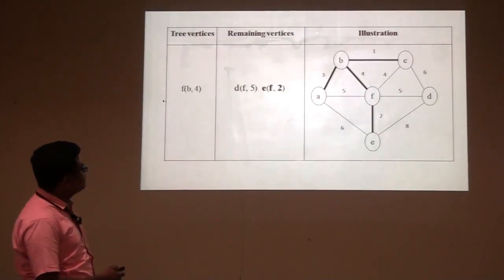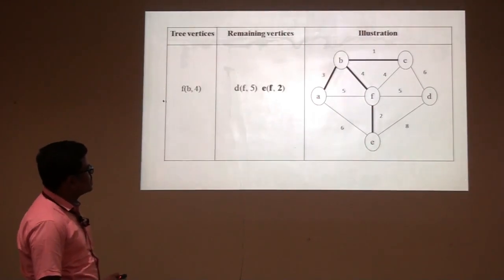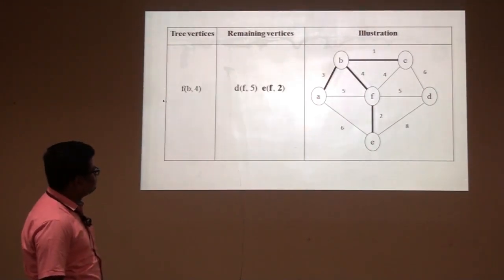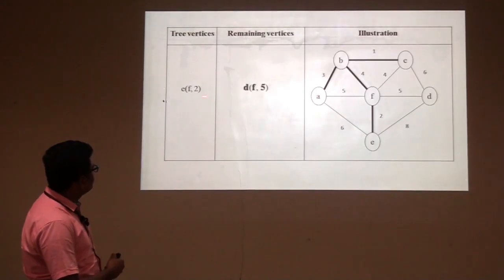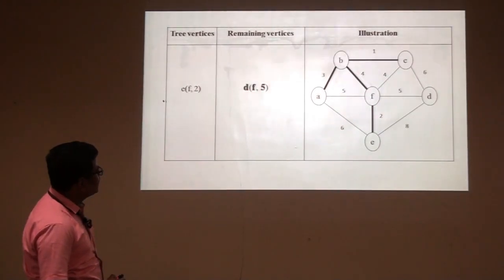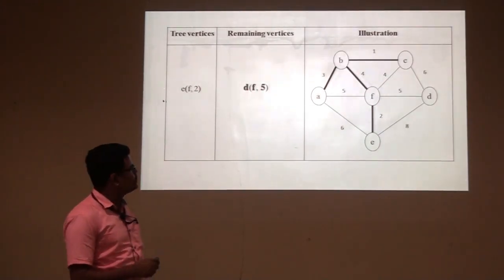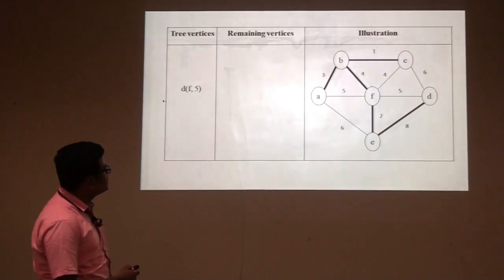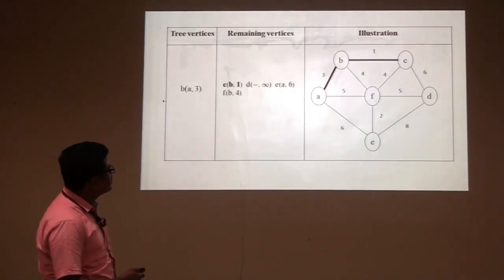So E to F will come under the path. Next is F to D with the cost of 5, so that path will be visited.